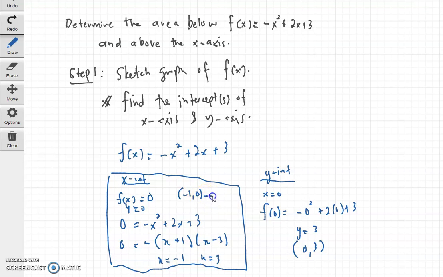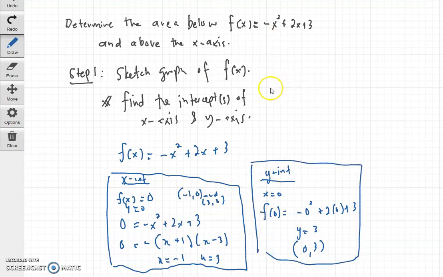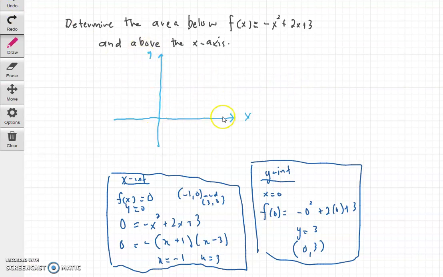And x is 3, y is 0. Okay, so these are your intercepts. Once you get the intercepts here, let us try to sketch a graph of it. Let's set up the x and y axis here. Since we already know that this is negative x to the power of 2, we are supposed to get a sad-shaped graph.